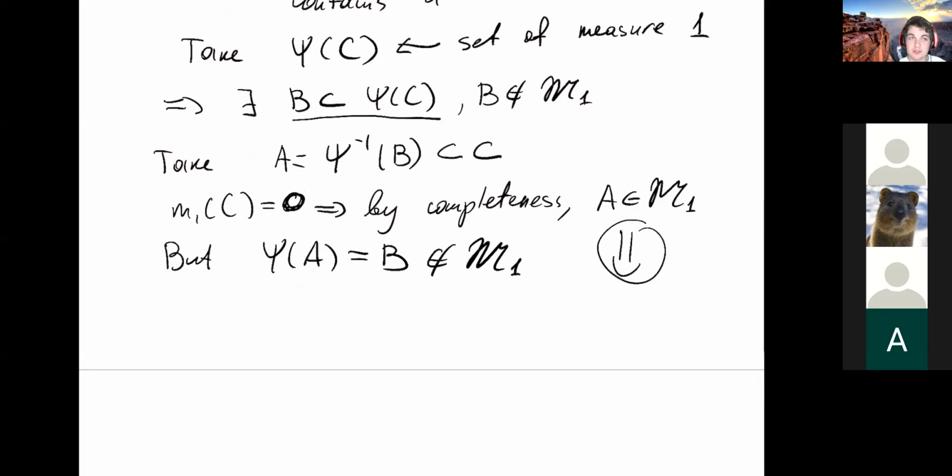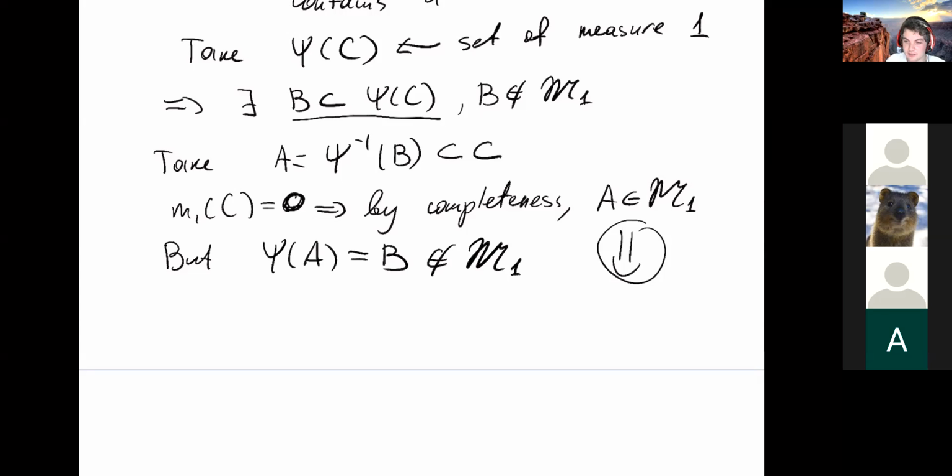And that's it. The reason for this corollary is again the same one we discussed. It was actually a good question that psi really fattens sets of measure 0. So psi can take a set of measure 0, like C or A in this case, and perturb it a lot.